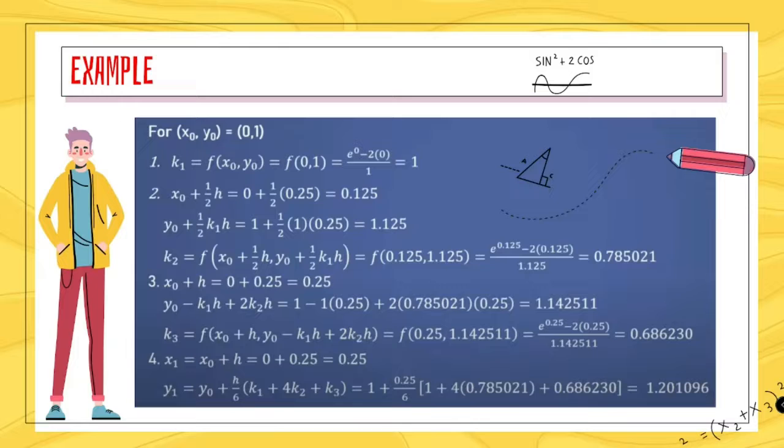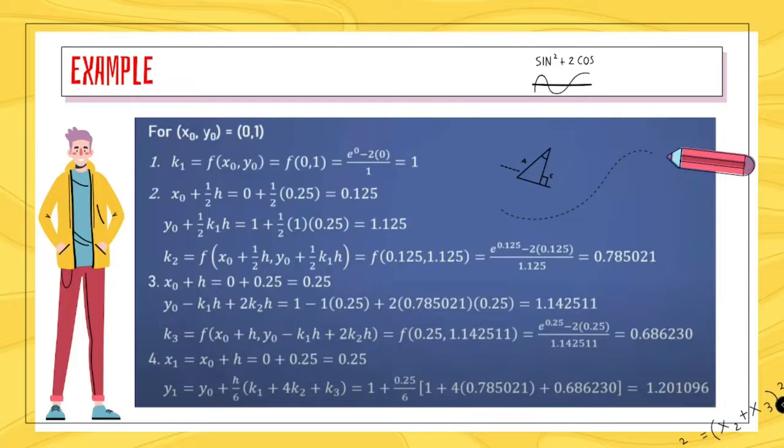K sub 3 equals function of x sub 0 plus h and y sub 0 minus k sub 1 times h plus 2k sub 2 times h equals function of 0.25 and 1.142511 equals e raised to the power of 0.25 minus 2 times 0.25 over 1.142511. So k sub 3 equals 0.686230.